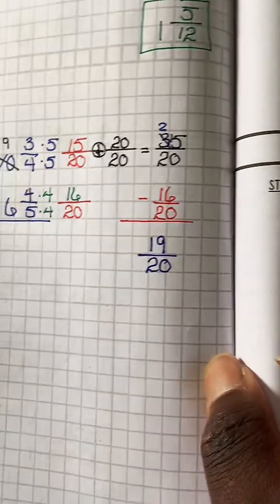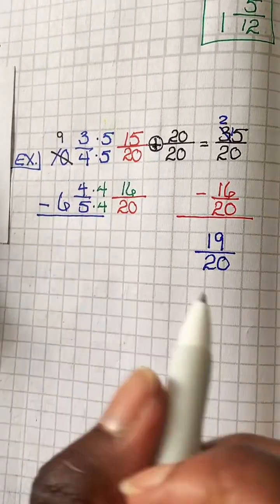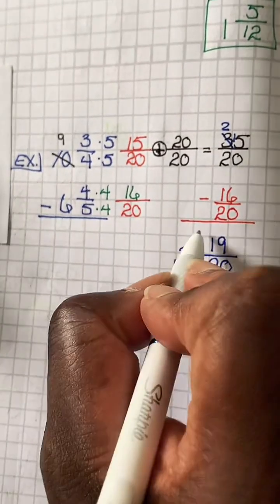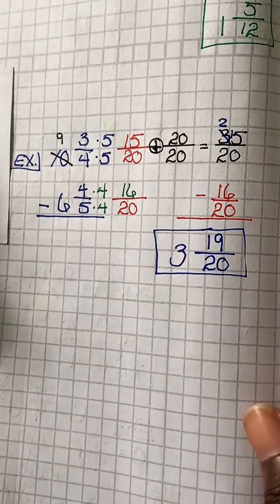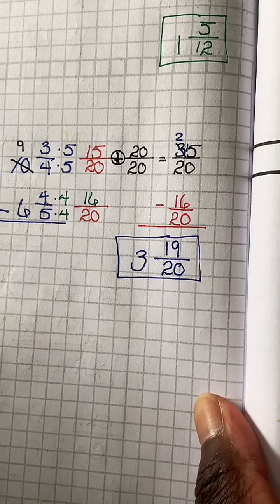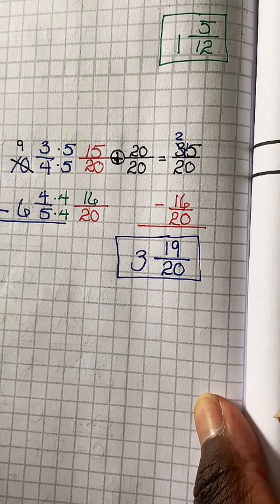So now we have 9 minus 6. That will give us our 3. And this is your final answer: 9 and 19/20. Yes. All right. Good, good.